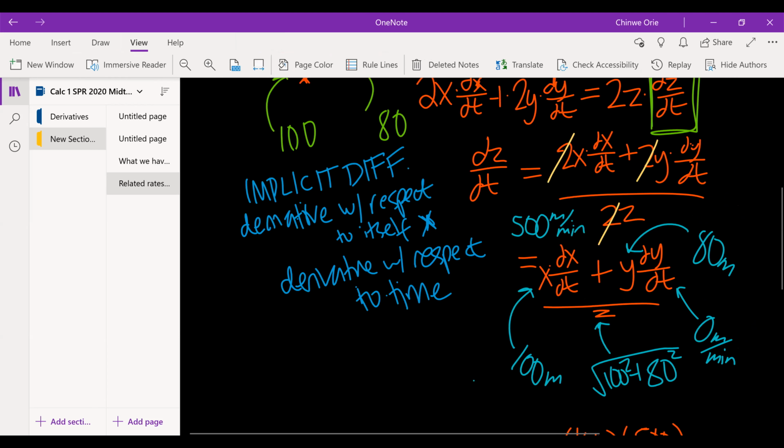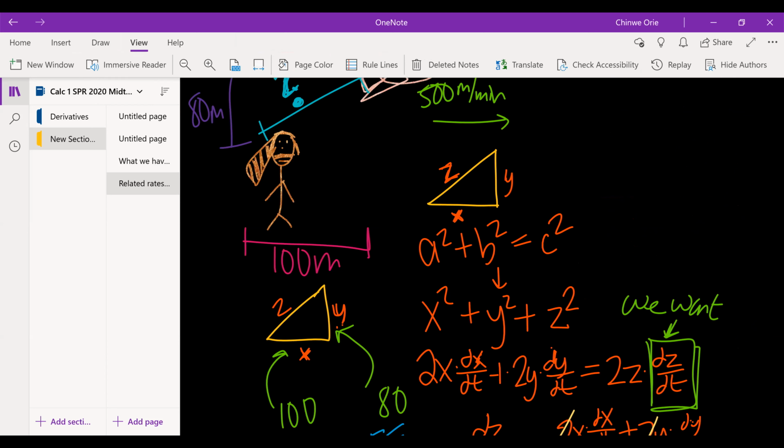I thought the hypotenuse was 100 meters. Is that not right? That's a good question. It really depends on how the question is phrased and how you understand it.